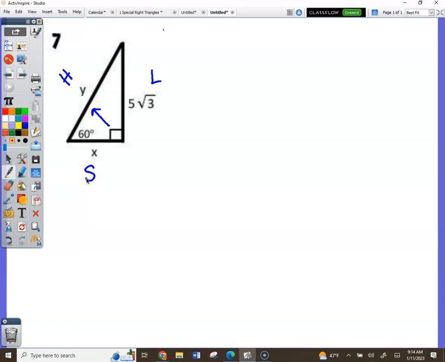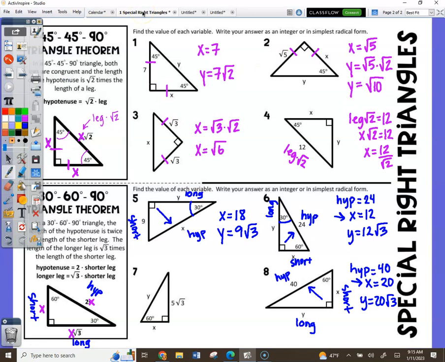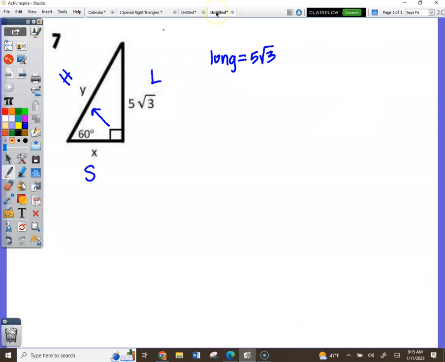Okay, go to what you know. You know the long is 5 root 3, right? That's what I know. I'm just making the notes myself. Then go to your formula sheet. What's the formula for the long? X root 3. And the x came from the short side, right? So short side root 3.